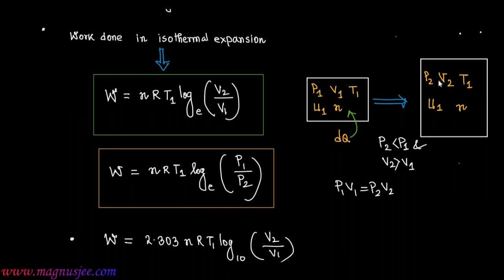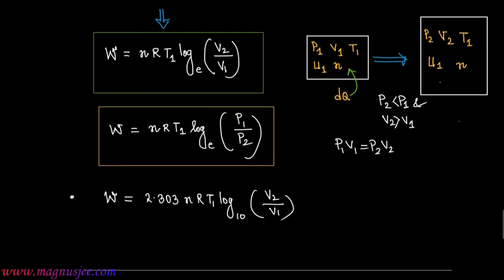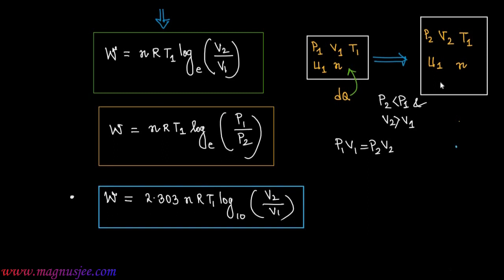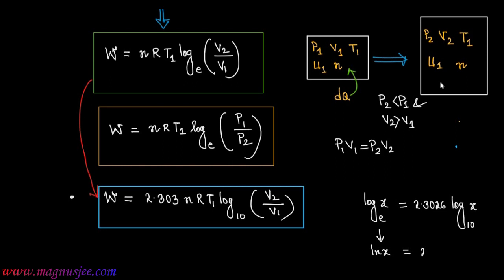will be W equal 2.303 nRT1 log base 10 V2 by V1. This is the expression in terms of log base 10. We know that log x base e, denoted by ln x, is equal to 2.303 times log x, where ln x is log x base e and log x is log x base 10.